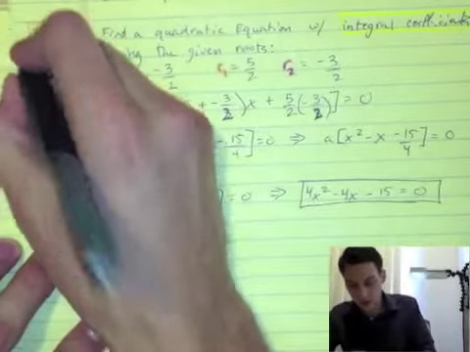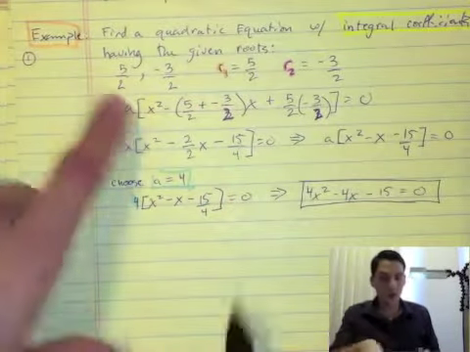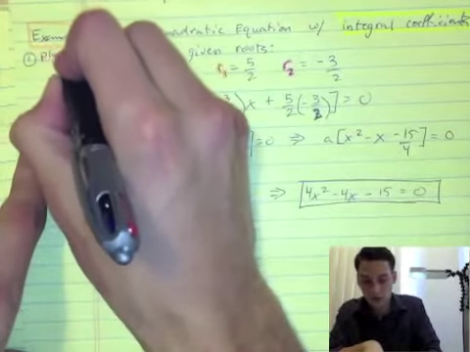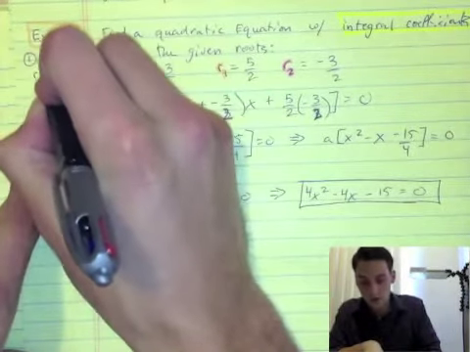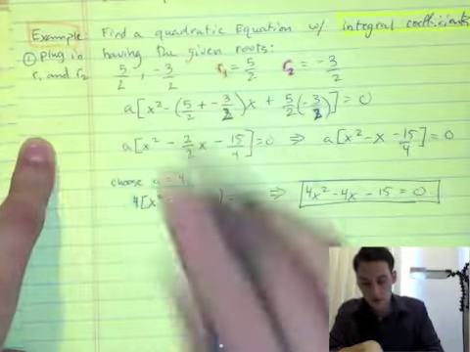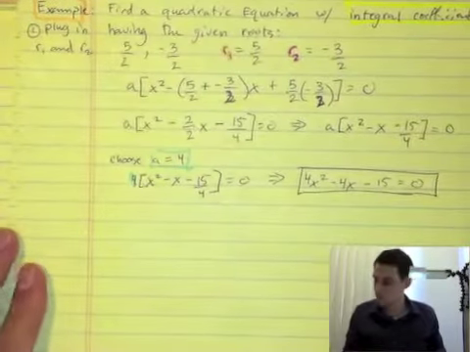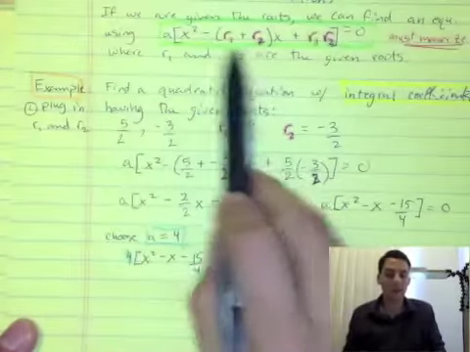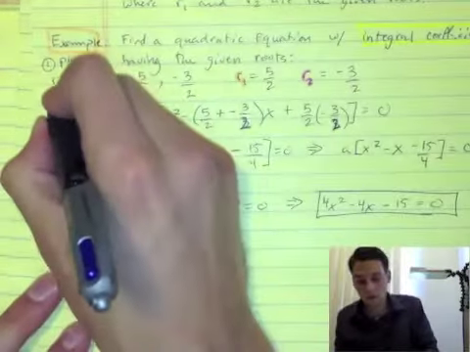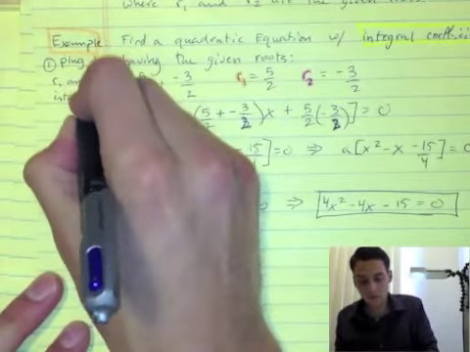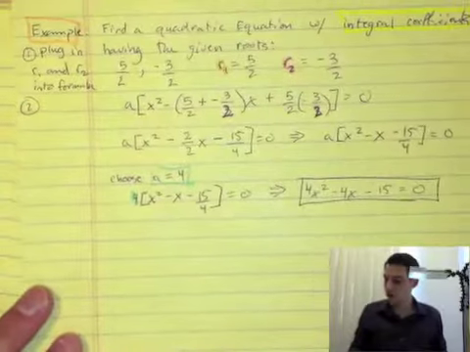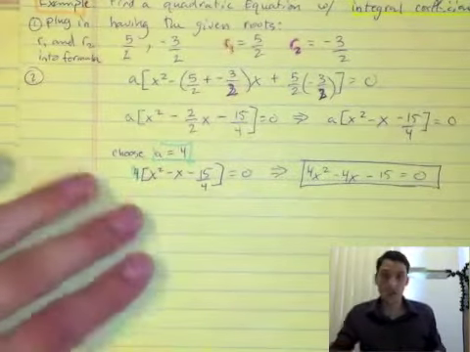So let's write down the steps. First, we took R1 and R2 and we plugged them in. So first, plug in R1 and R2. So we're plugging it into this formula. Next step, choose a so that it gets rid of the denominators.